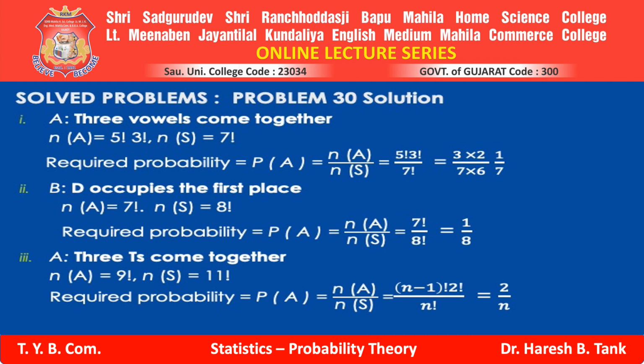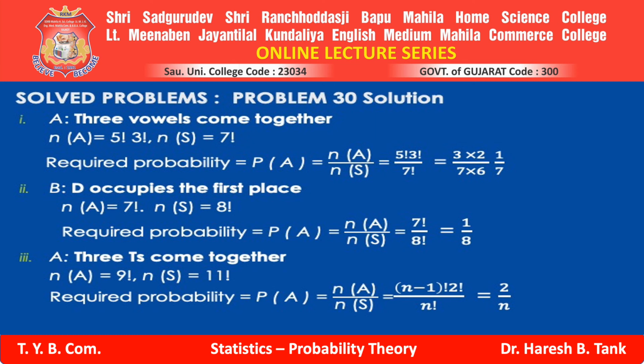The third one. In the word, all three T's come together. Total number of characters which we have are 11. So number of elements where all these 3 T's come together becomes 9. So number of elements in set A becomes 9 factorial, whereas exhaustive cases become 11 factorial. So the required probability is number of favorable cases divided by number of exhaustive cases.